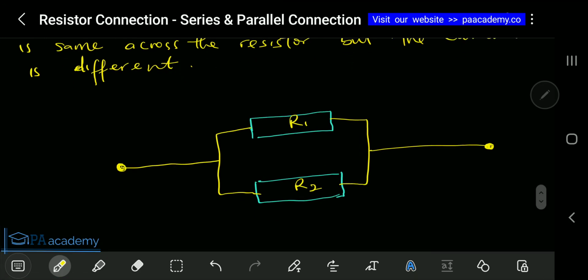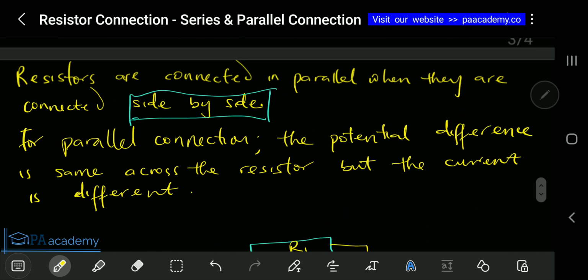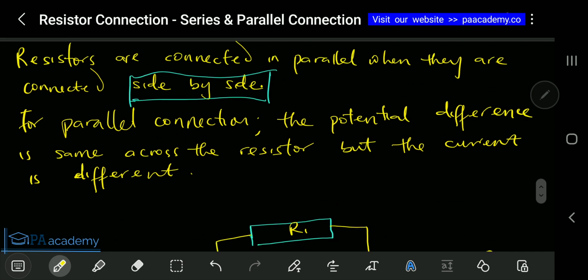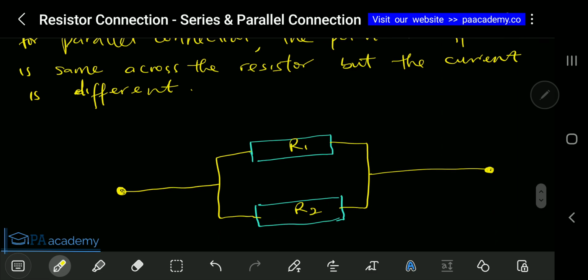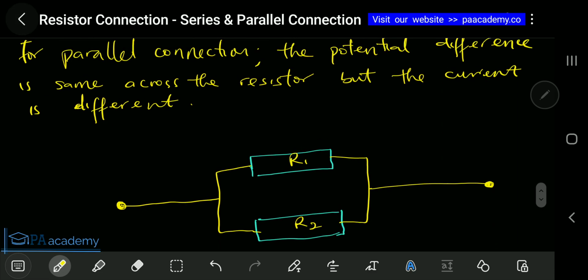Let's analyze this. You can see the diagram. Resistors are connected in parallel when they are connected side by side. For parallel connection, the potential difference is the same across the resistors.